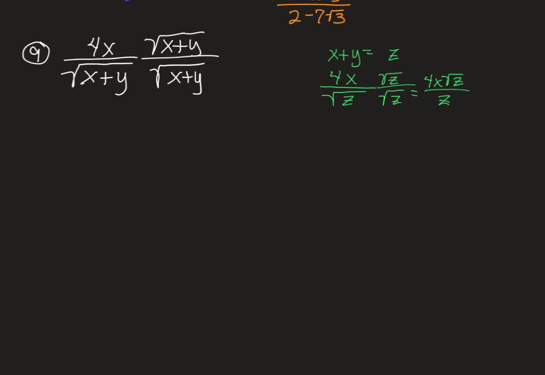And when I do that, on top I'm going to have 4x times the square root of x plus y over the square root of x plus y squared will be x plus y. Everything on top is multiplied by itself, except for that x plus y, which is all under the radical. So we have 4 times x times everything under that radical, and we're done.